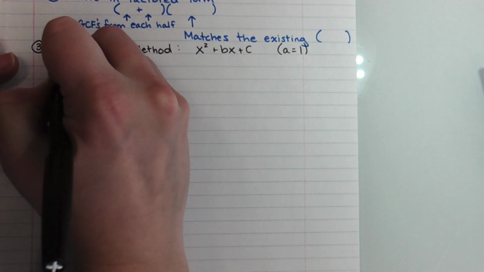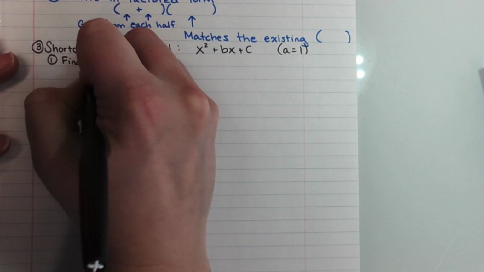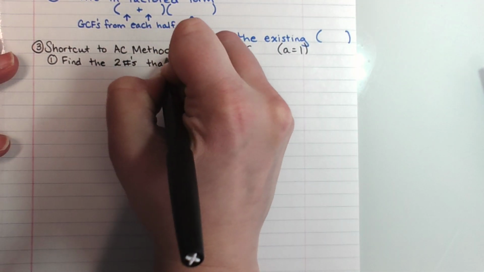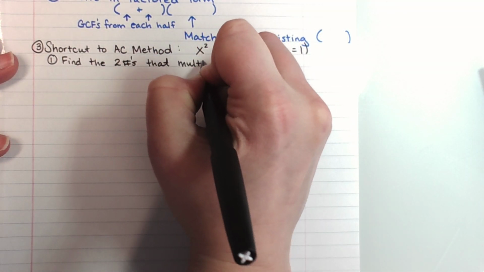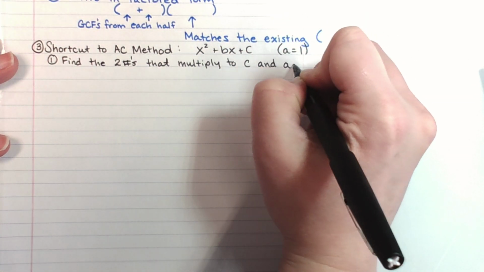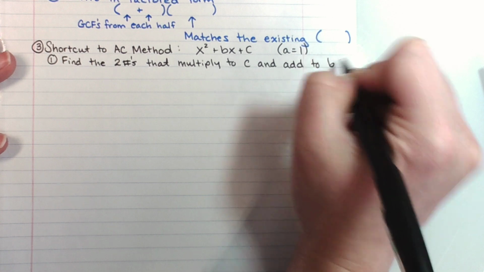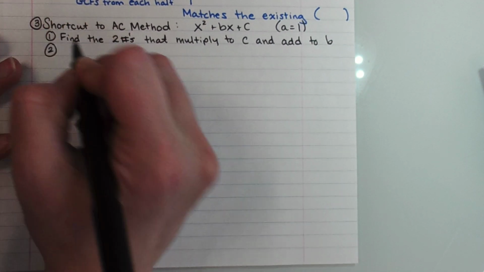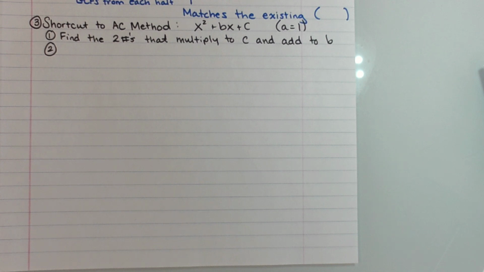In this method, you jump directly to finding the 2 numbers. They will multiply to c and add to b. Here's where people get AC and shortcut mixed up: in the full AC method, once you have those 2 numbers, you have to do a rewrite step.